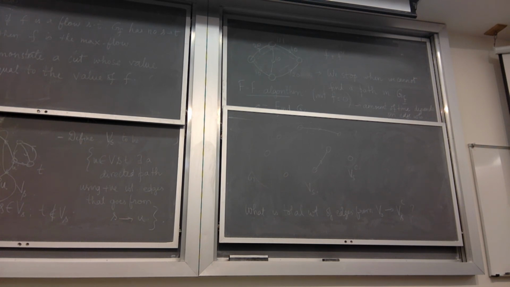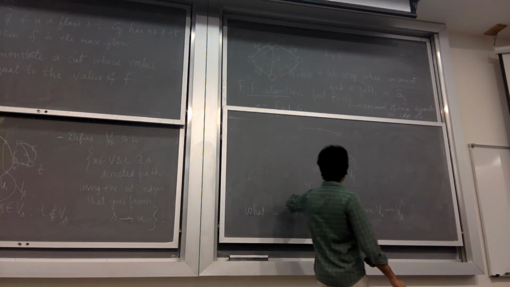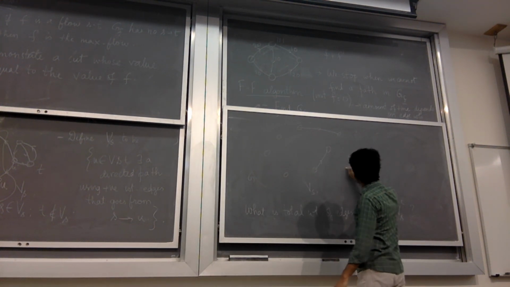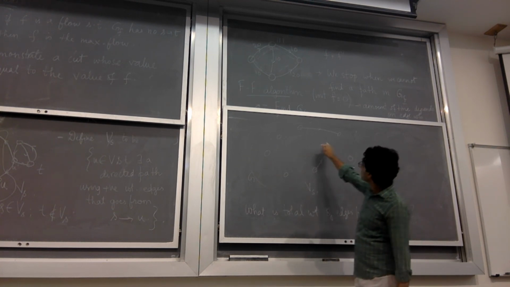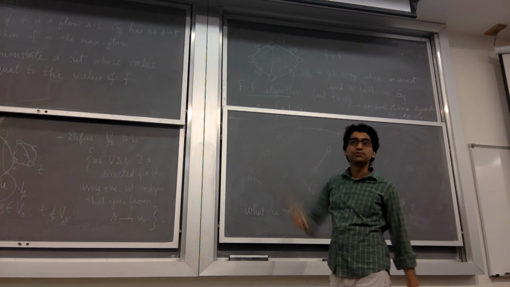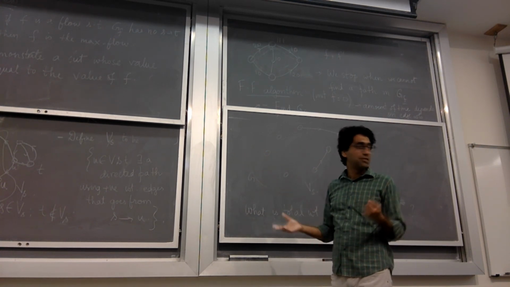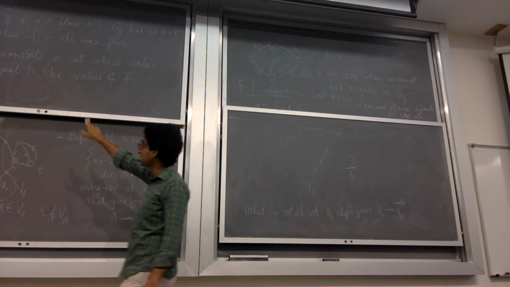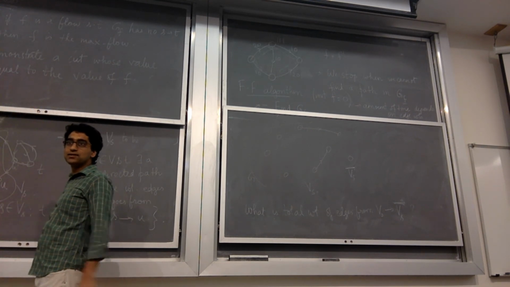So what I would like to show is that the total weight of edges going from V sub S to V sub S complement is exactly the value of the flow. This is what I would like to claim. And if I claim this, I am happy because then it shows that there was a cut in the original graph whose value was equal to the value of f. And then, by what I have shown earlier, this was the optimal.